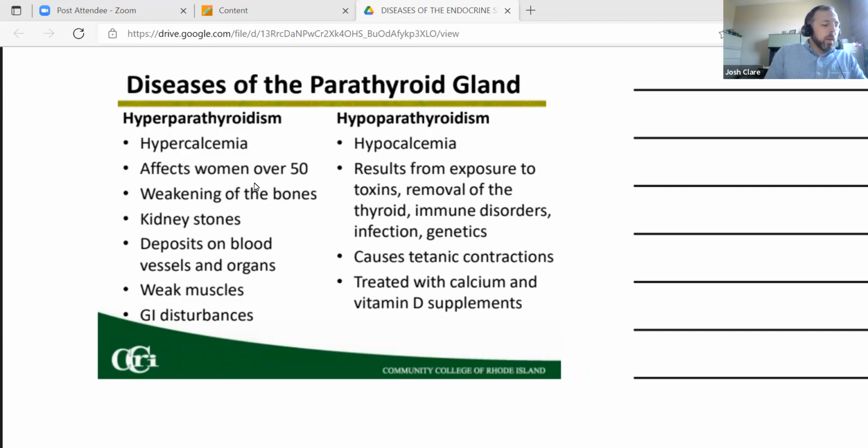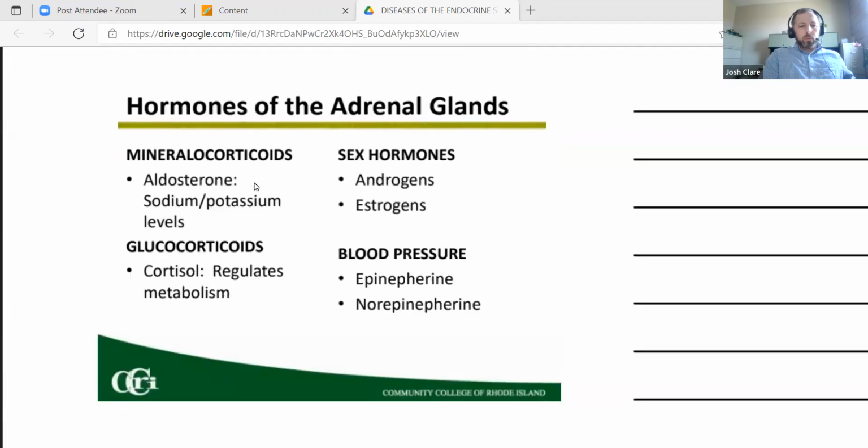The absence of calcium causes hyperexcitability of the nerves, which can result in sustained contractions or tetanus, usually in hands and feet. Most often is treated with calcium and vitamin D supplements. Most of the effects are temporary, but chronic hypoparathyroidism is rare, but can cause personality changes, tremors, and visual problems.